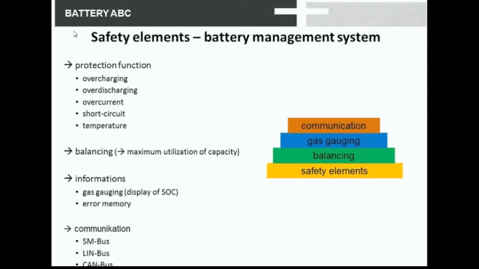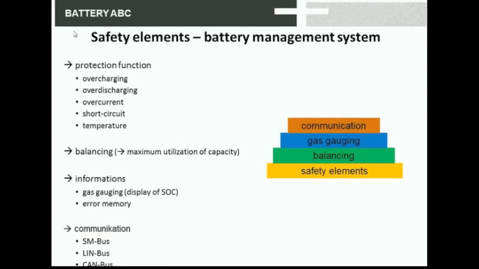For example, our battery management system at the BMZ ESF 7.0 has an 8 gigabyte internal memory, which can be read out. That means we can store data for 29 years. Every current flow, every temperature, every voltage level of each cell, the status of the relays, the status of the battery management system, all that is logged inside.